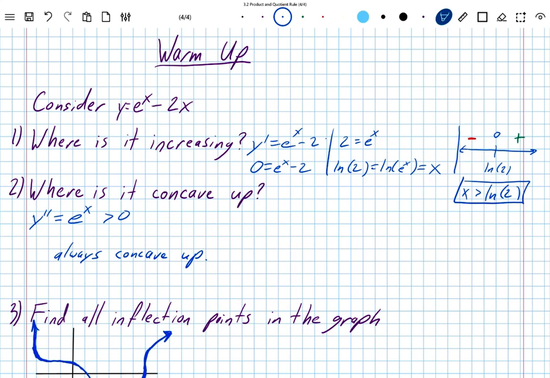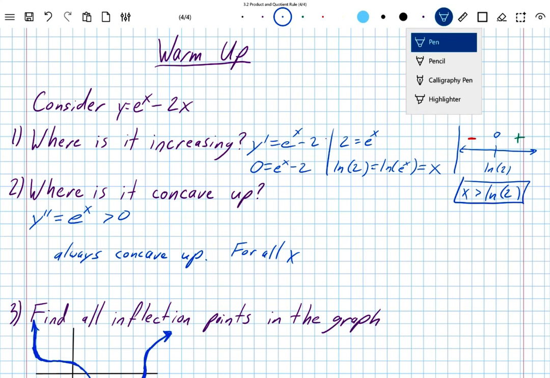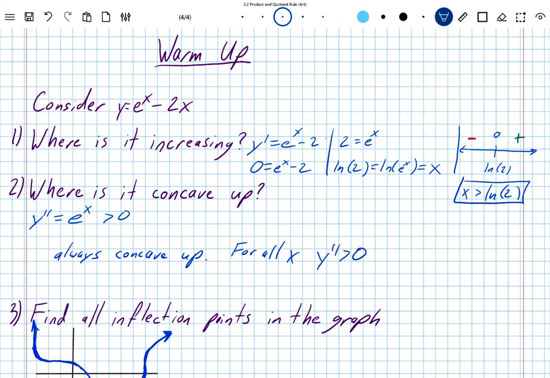Or you could even write something like for all x, y double prime is greater than 0. But if the question is asking about concavity, you should really answer it in terms of concavity. So it's always concave up.